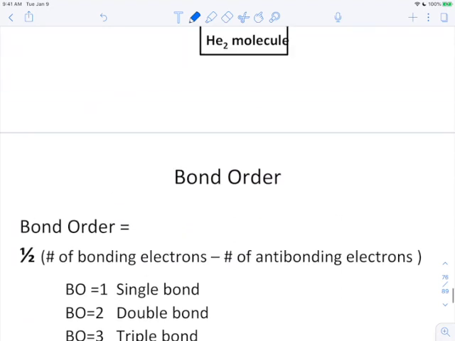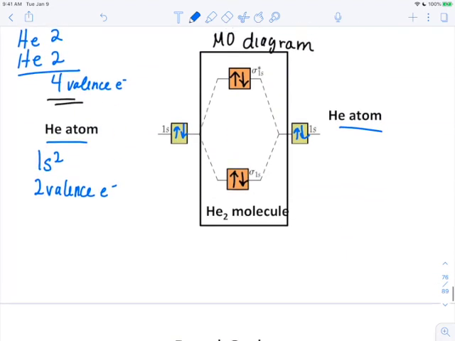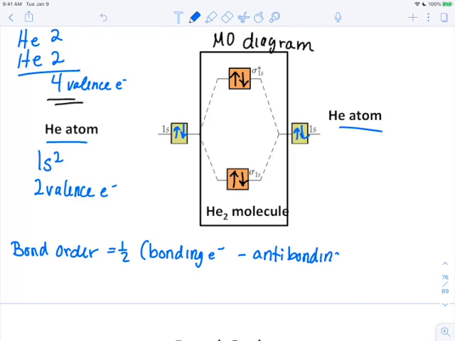All right, so let's give this a try. So we are calculating out our bond order. So 1/2 times bonding electrons minus what we call antibonding. All right, so in our case, 1/2 times bonding.